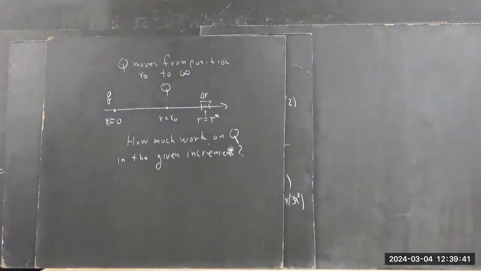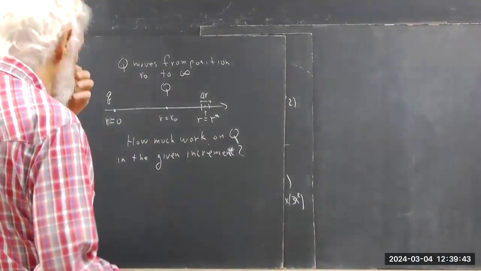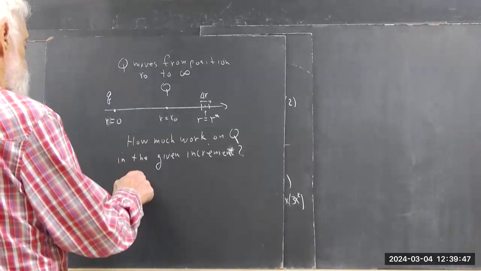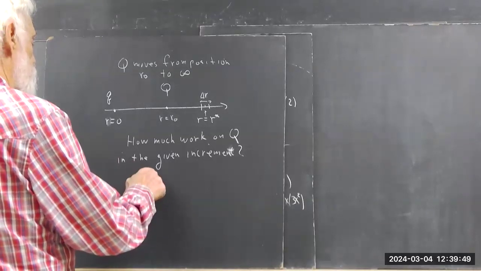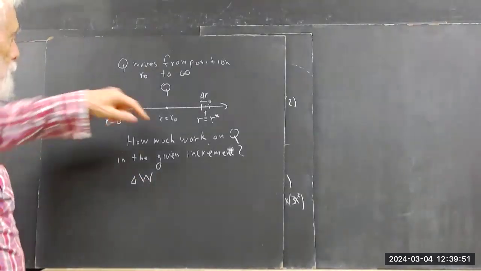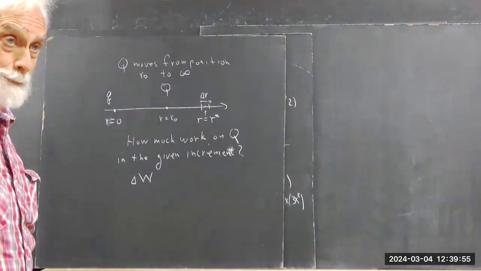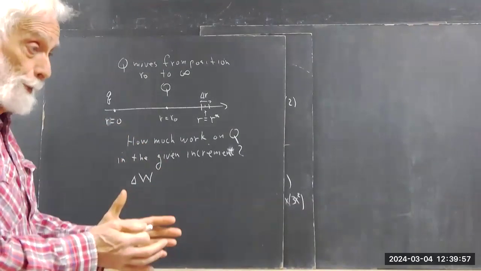Okay. So how much work is done on capital Q in a given increment? I'll call it delta W, because this is just a contribution to the work from an infinite number of these little increments. They're going to get infinitely small.